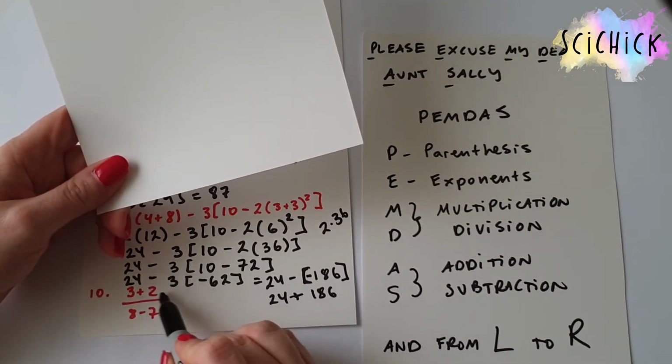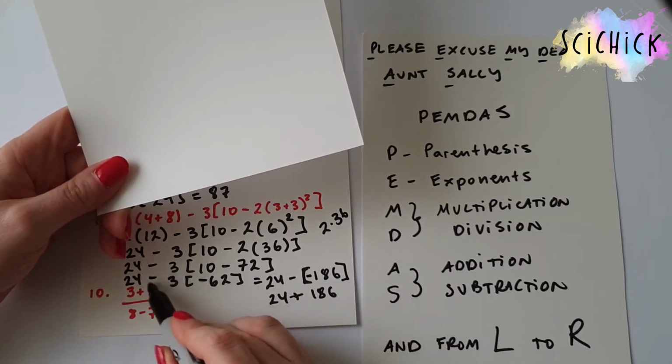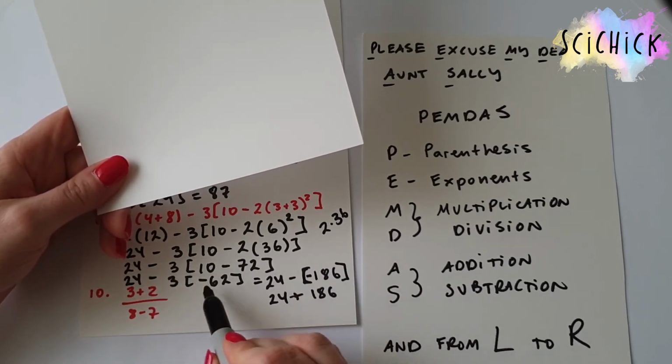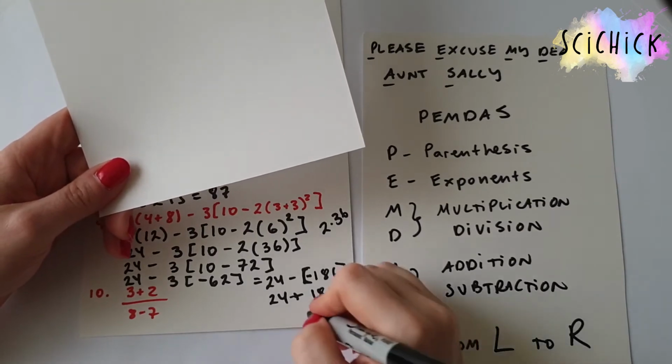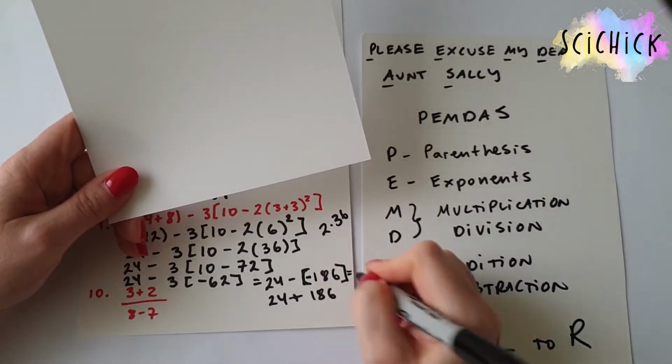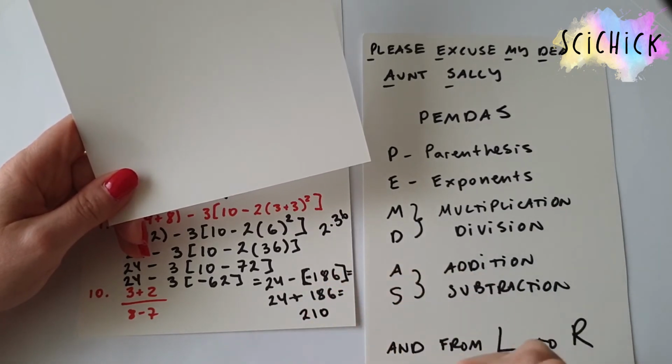So that minus, even though there's no parentheses or anything around it, no brackets, this is still its friend. So it's a minus 3 times minus 62, and that equals 186. And we had 24 plus 186, which then finally is going to equal 210. Okay?